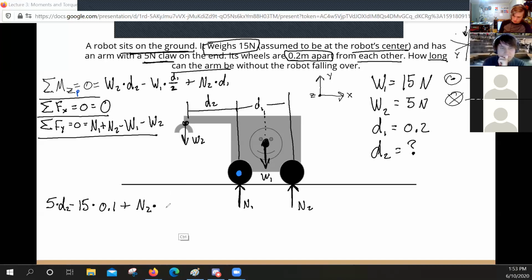Ugh, that was gross. 0.2. There we go. Equals zero. And then we can say Fy equals N1 plus N2 minus 15 minus 5. Is that all right?